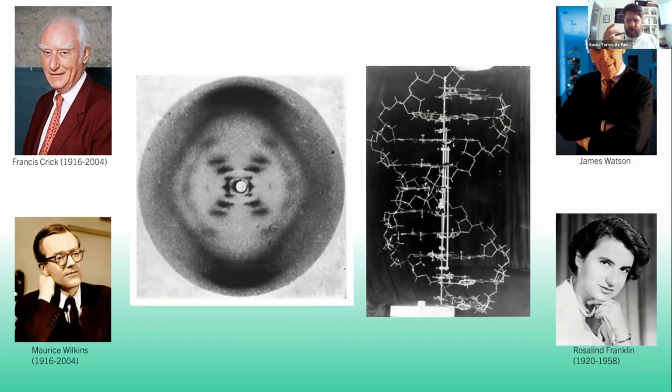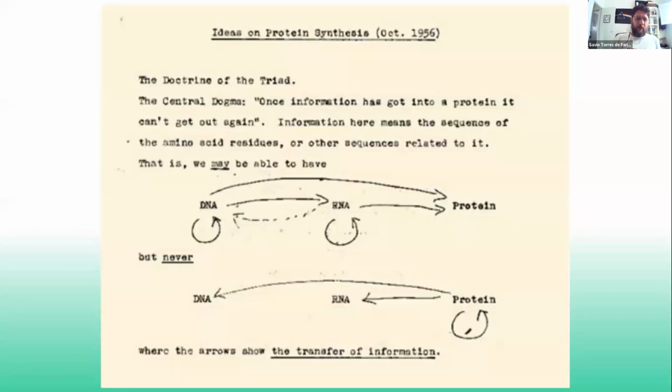The first suggestion about how this information passed from DNA to protein was presented by Francis Crick in a very important paper written in 1956. This paper is very interesting because this manuscript was never published. It was only shared among the members of the RNA Tie Club.